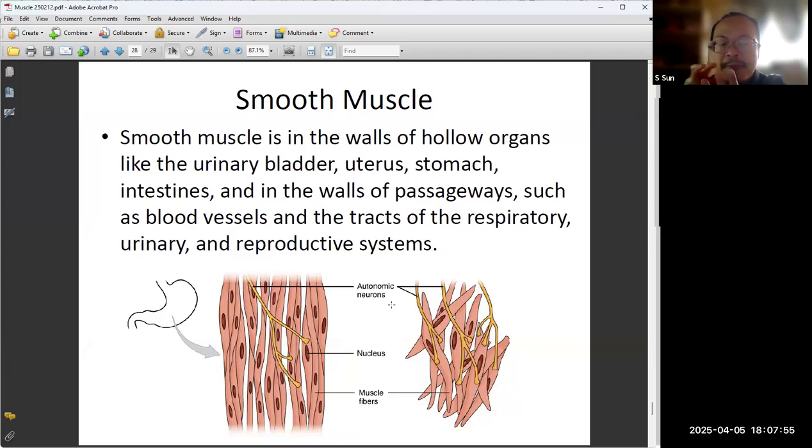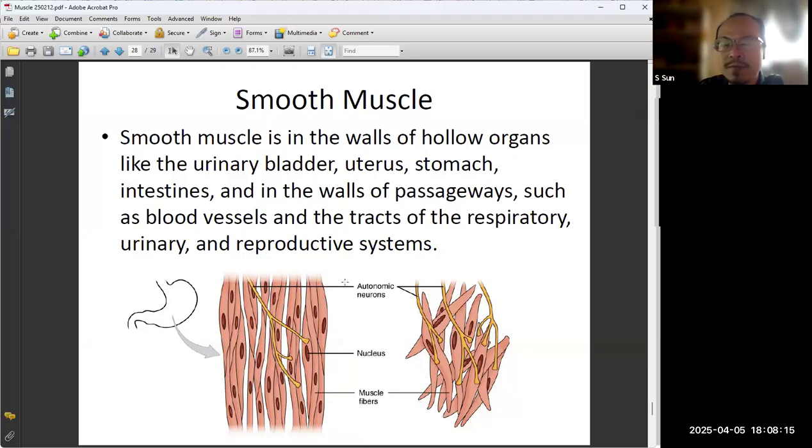However, the other two muscles are also controlled by nerves, but these nerves are not under your free will. This nerve is called the autonomic nervous system. This nerve is basically controlled by your emotion, mood, or situation.